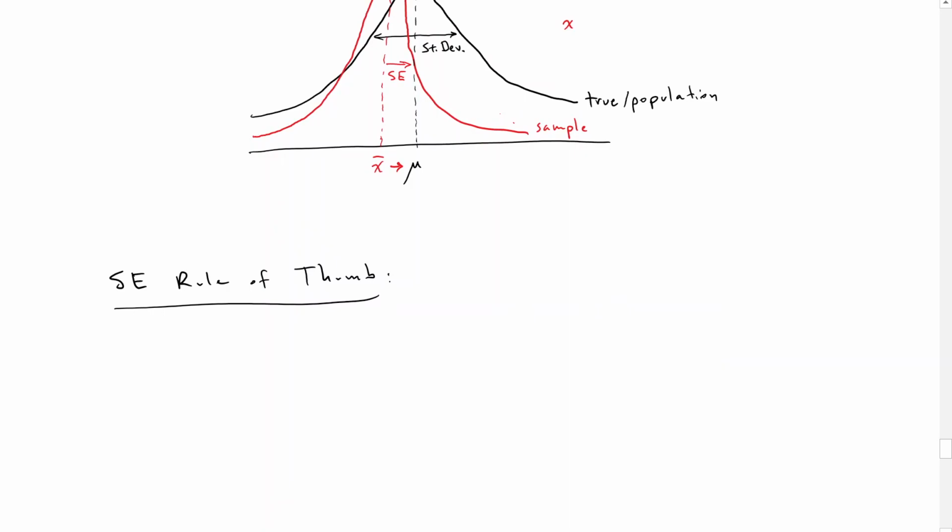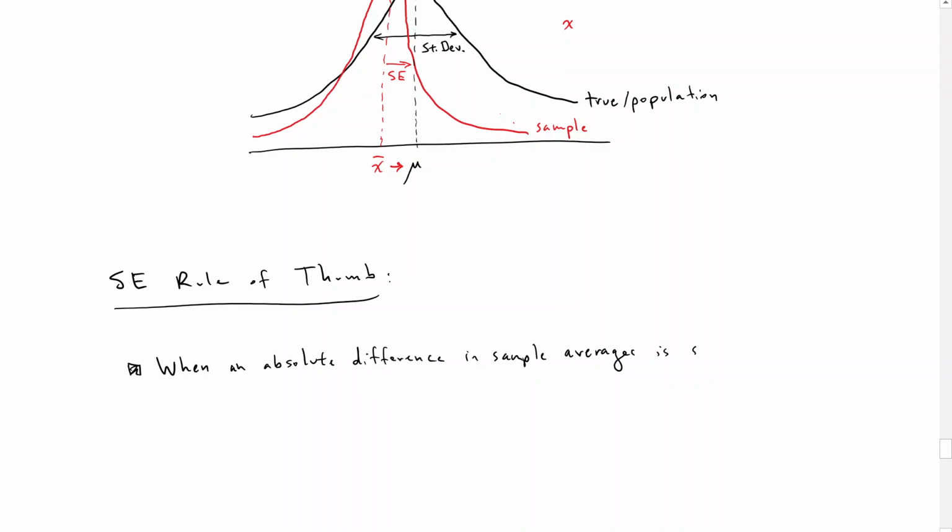And what we have here is when an absolute difference in sample averages is smaller than about 2 standard errors, the difference can be attributed to chance.